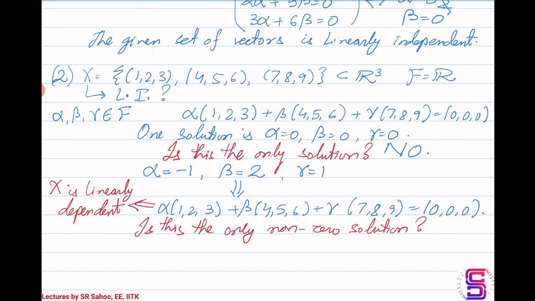And again, the answer is no. If you set alpha equal to minus gamma, so let's say that you fix a value of gamma, choose some value of gamma, and you take alpha equal to minus gamma and beta equal to twice the value of gamma, then this set of scalars will always result in the zero vector when we take the scaled up versions of the corresponding vectors and add them.